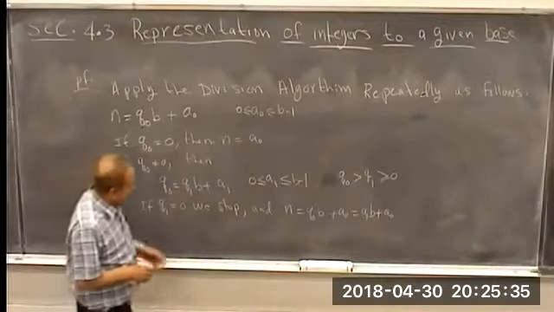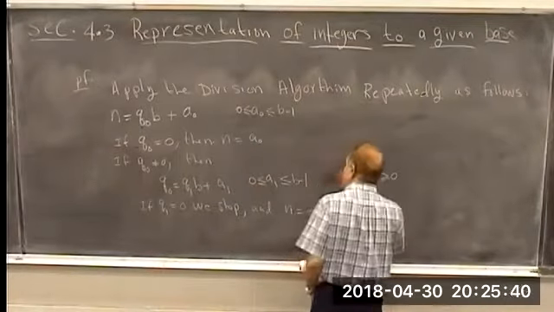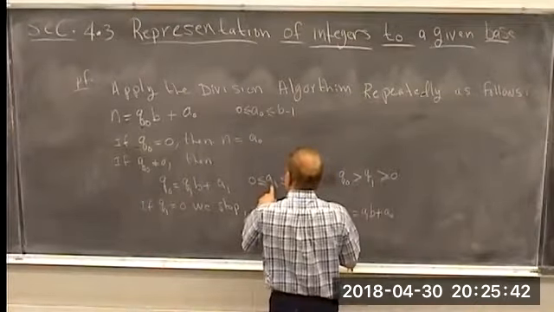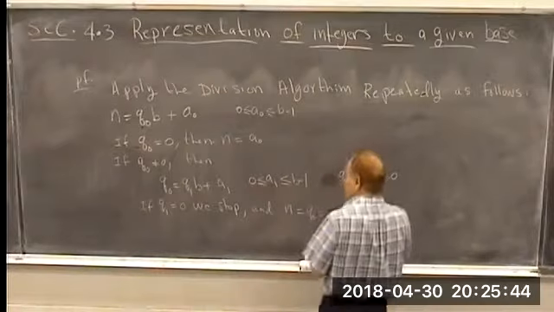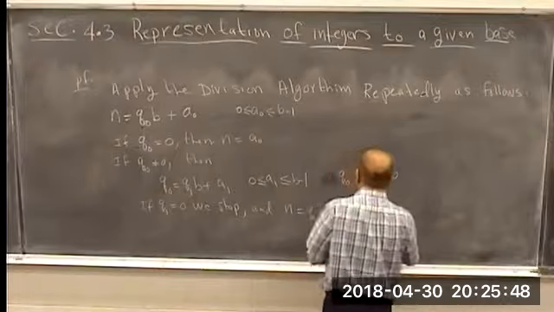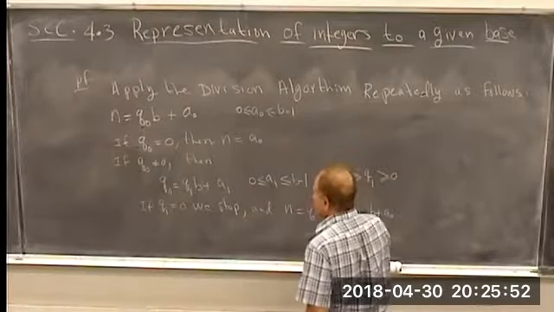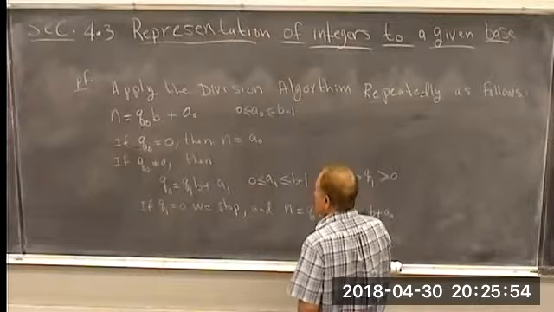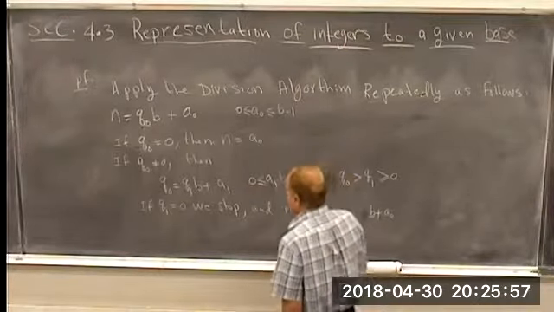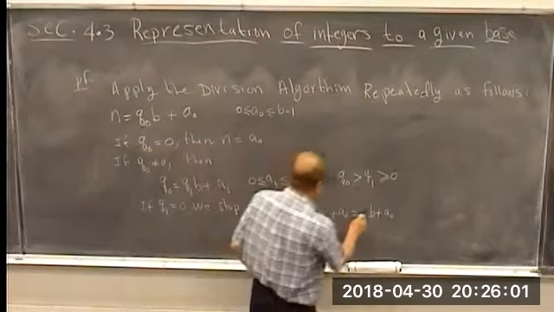And again, a1 actually could be bigger than or equal to 0. Let me leave this one as q sub 0. Let me see in here. So if q sub 0 does not equal 0, then a1 is not going to equal 0, right?